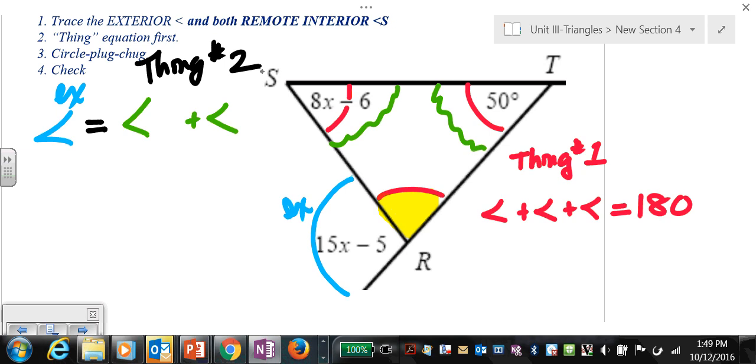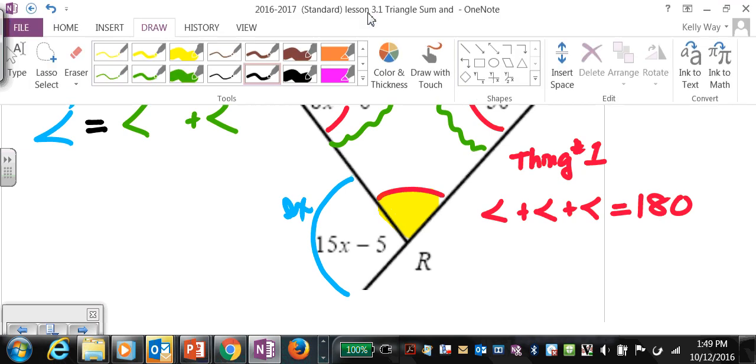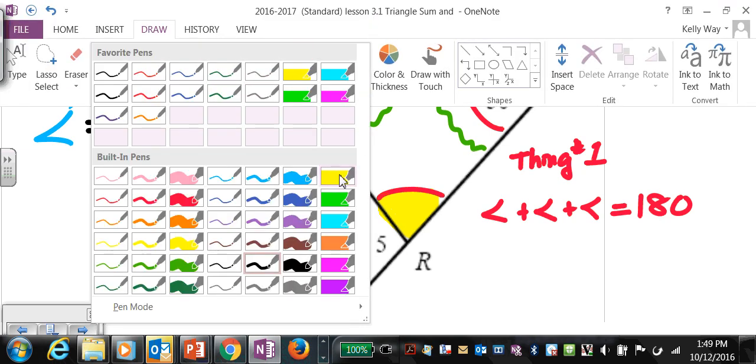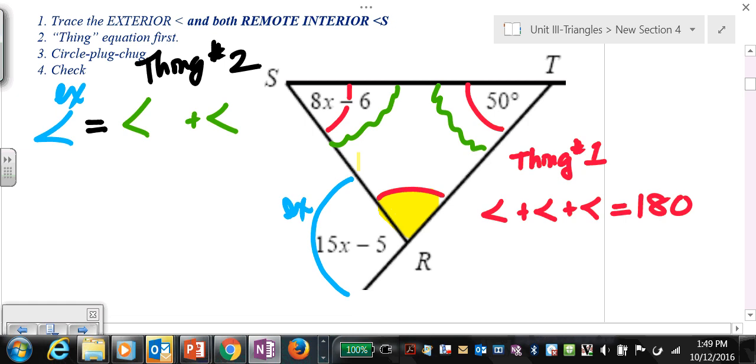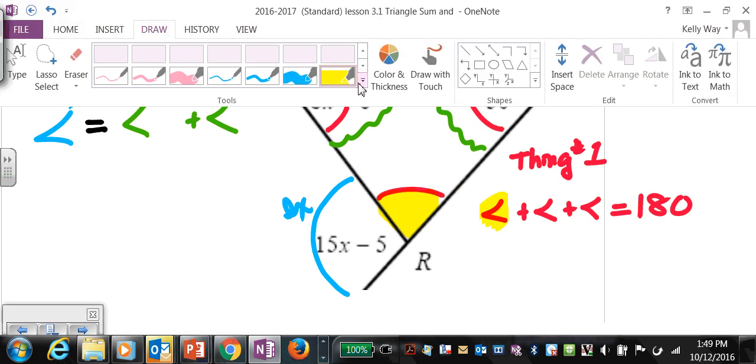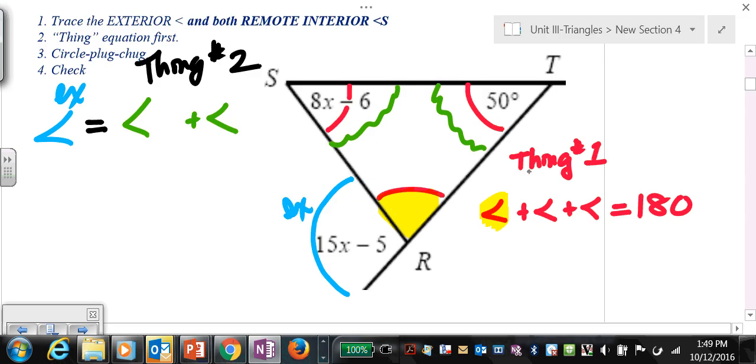Okay, tell me, which one did you check and why? Go. All right, guys, watch up here. Look up. We cannot use equation number 1, and the reason is there's nothing there.